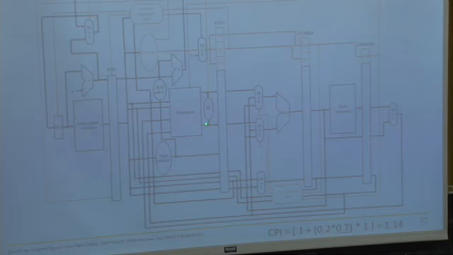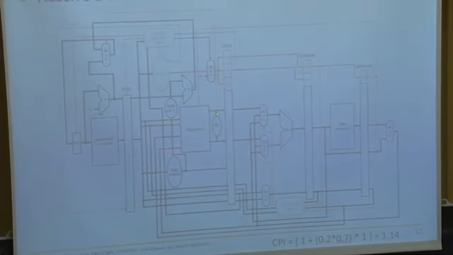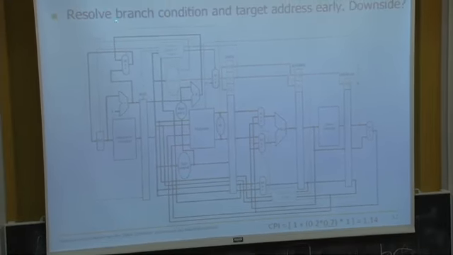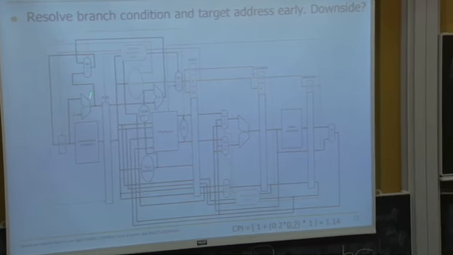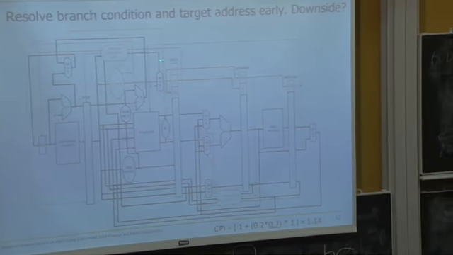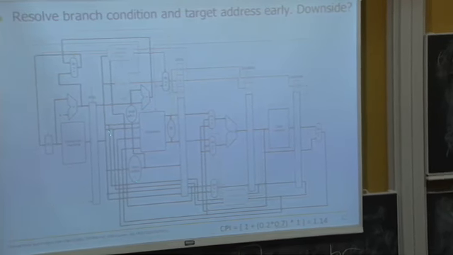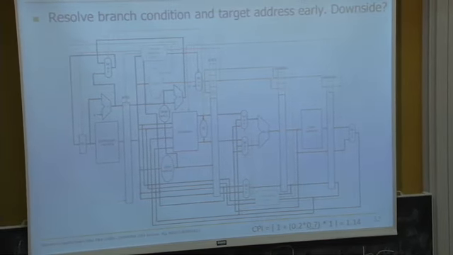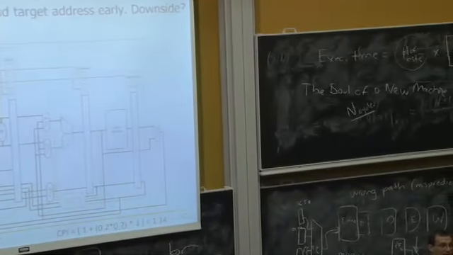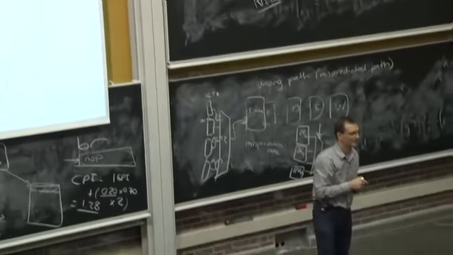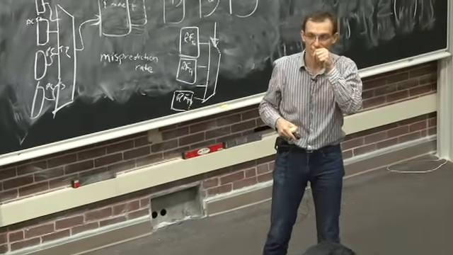But now we have to compare two registers, determine the condition of the branch, and select the right input to the program counter based on that condition. And this could lengthen the critical path. If the critical path is lengthened because of this, now your clock cycle time increases potentially, right?